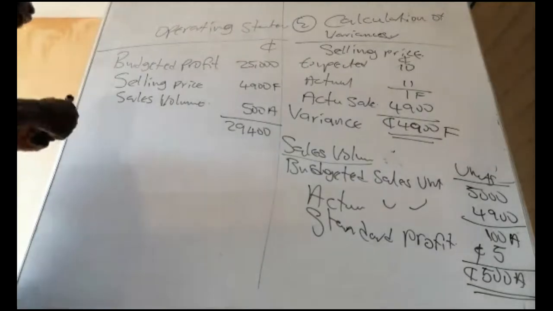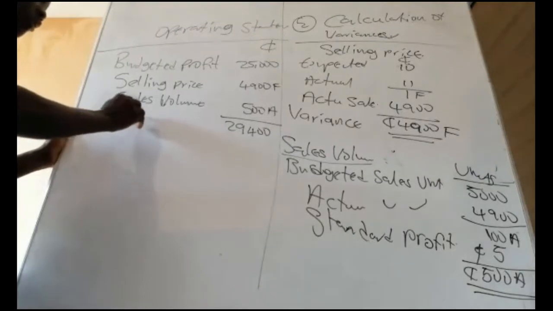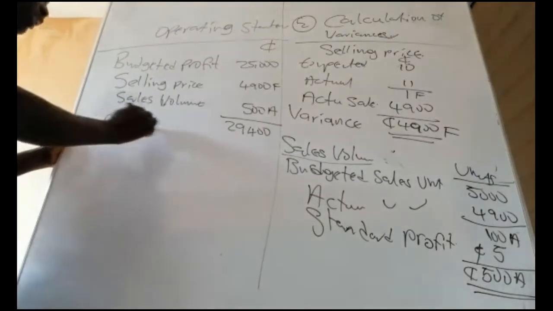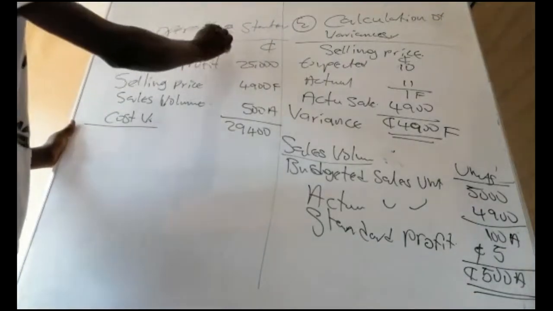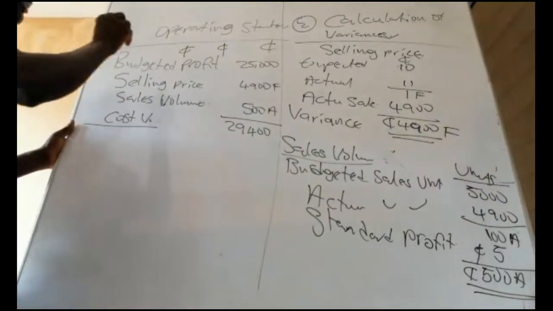So now the cost variances will continue. I have to create 2 columns, one here for adverse and then favorable.